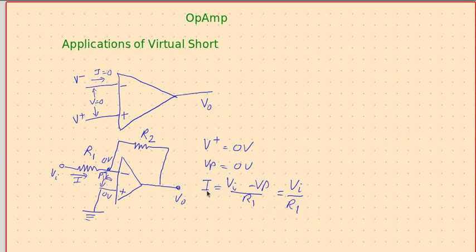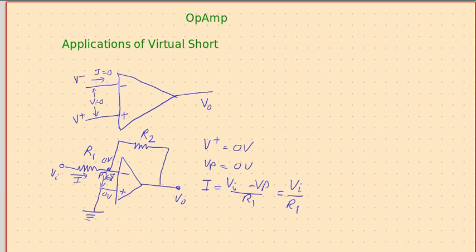That's the current flowing through resistor R1. Where should this current go? It cannot go into the operational amplifier, because the current between these two points is always 0. Therefore, no current can go into this.